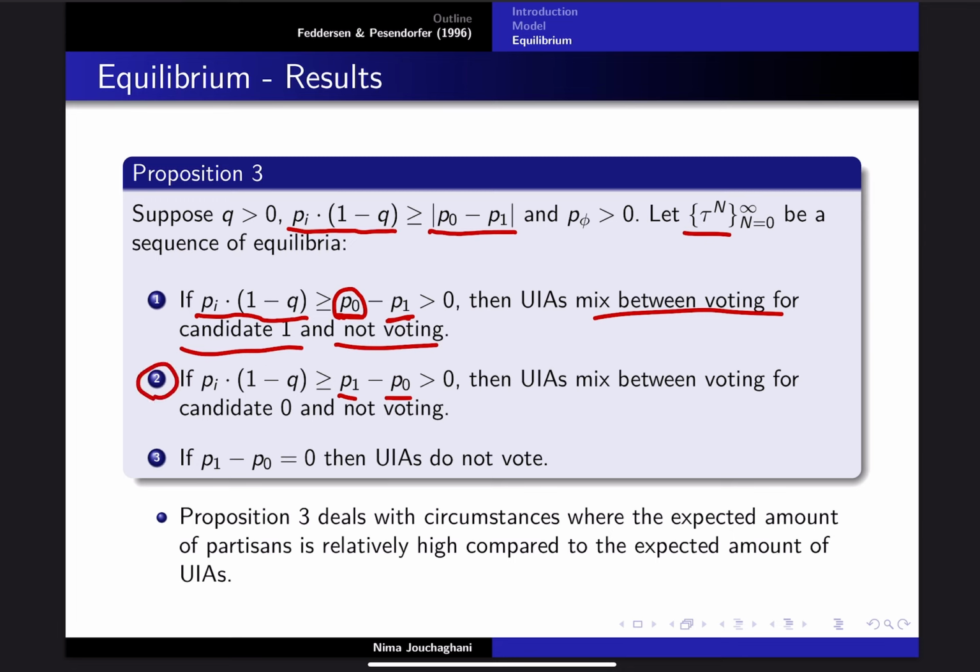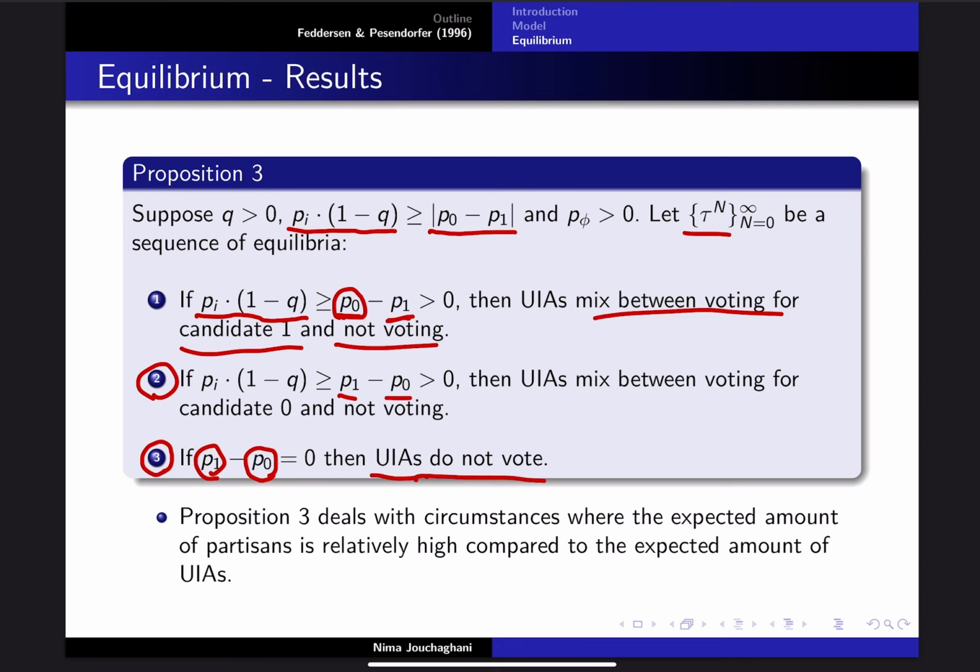The same thing holds for the second point here. In addition, if the expected amount of 1 partisans is equal to the expected amount of 0 partisans, which is reflected by this difference being equal to 0, then the uninformed independent agents do not vote.